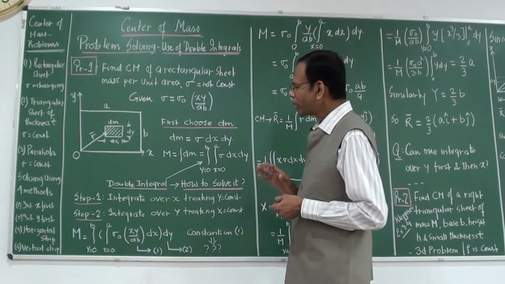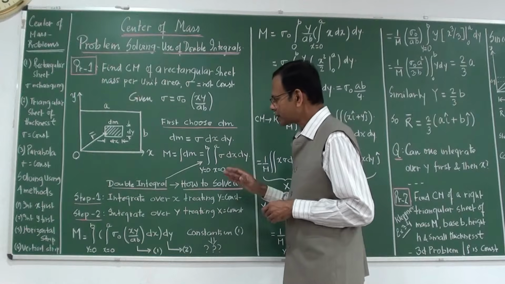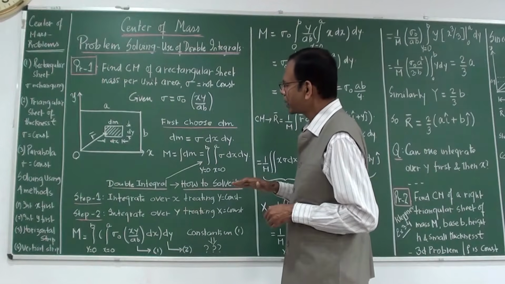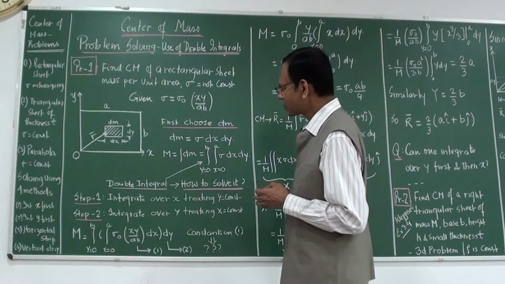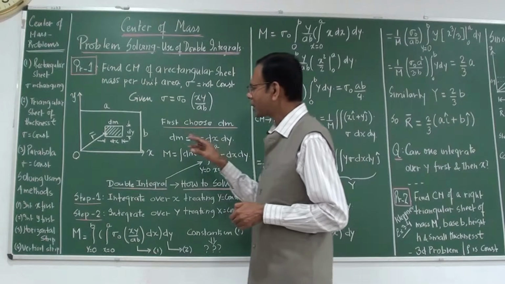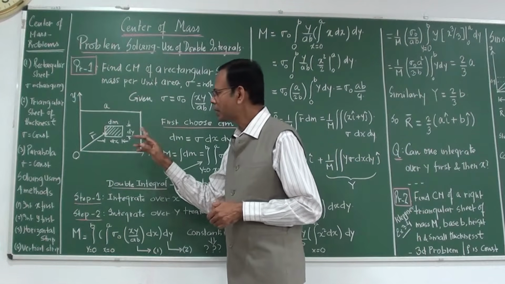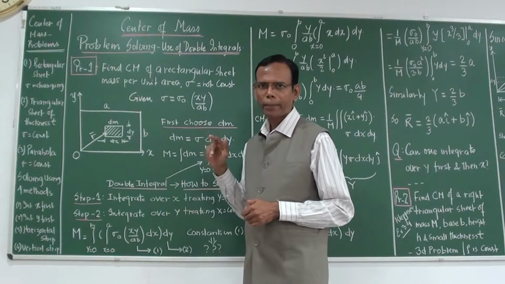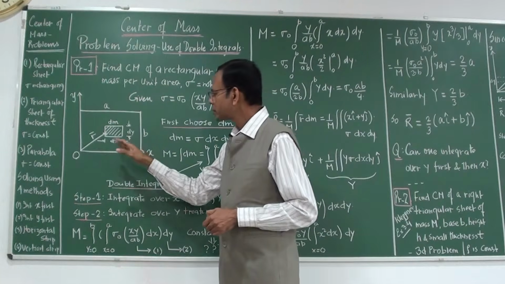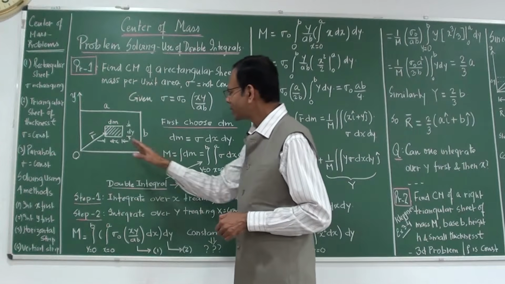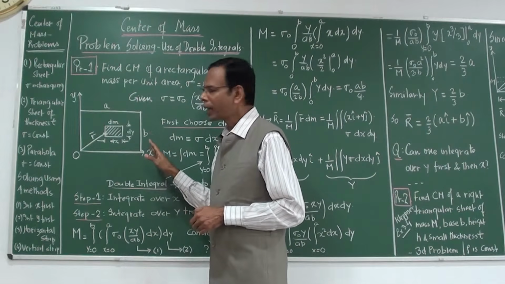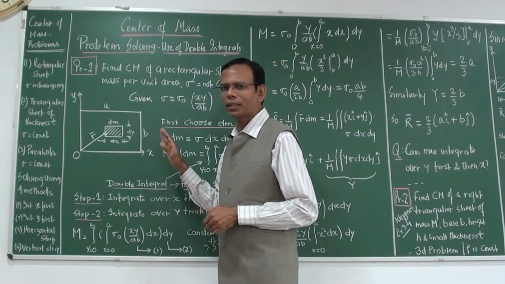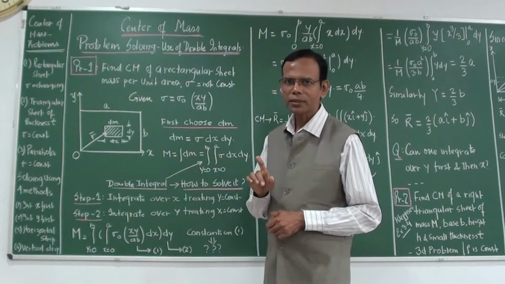What we do here is that in these double integrals, first of all, we take either one of them, either x or y. Suppose here, we integrate over x first, and when we integrate over x, the y is taken constant.